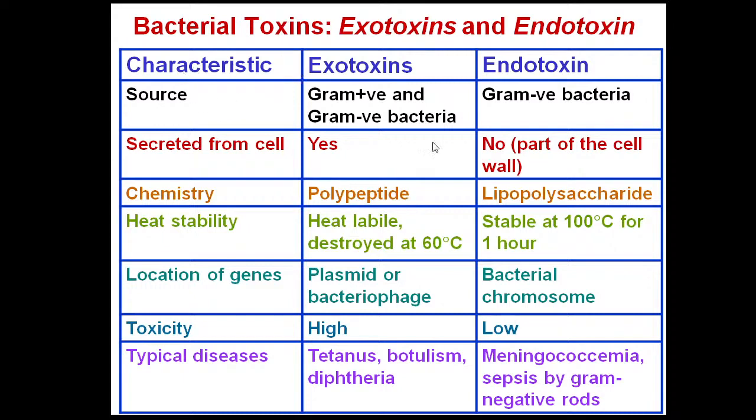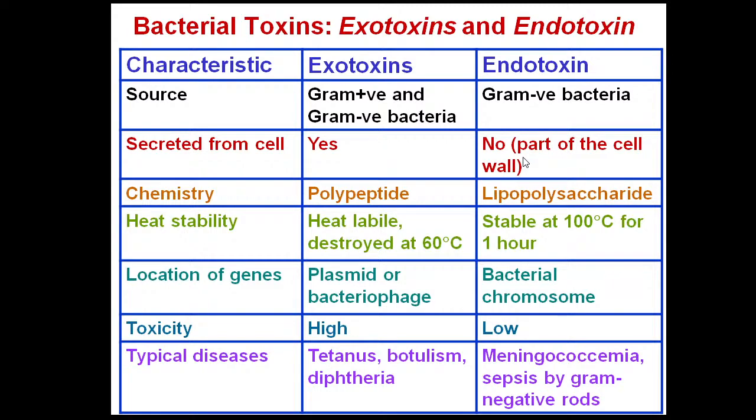While the endotoxin, why is it called endotoxin? It is a part of the cell wall of gram-negative bacteria. So it means it doesn't have polypeptide nature. It is of polysaccharide nature. It cannot be dissolved in water, right?